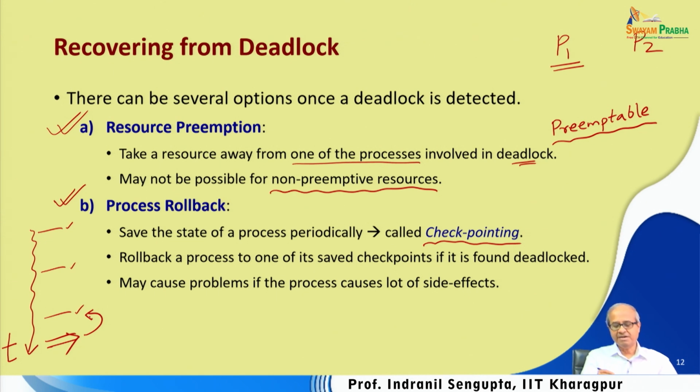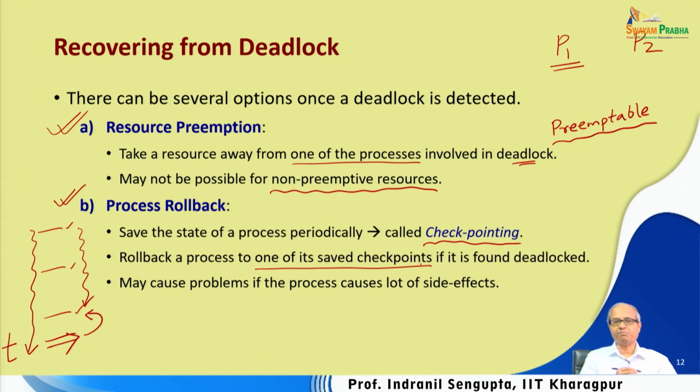The advantage is that some part of execution is already done, so we need not redo that part of the computation. Only from the last checkpoint, whatever was done will have to be done again. Okay, so this is the basic idea: roll back a process to one of its saved checkpoints if it is found deadlocked.